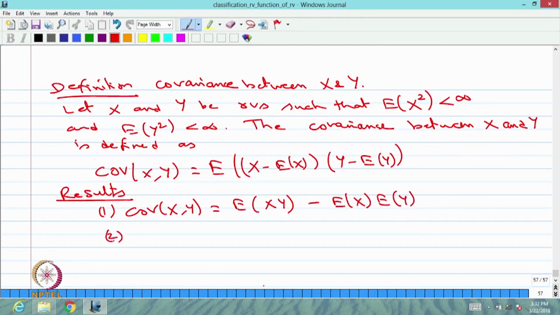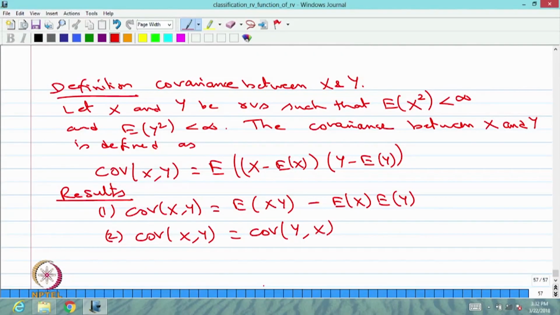The second result: covariance of x comma y is the same as covariance of y comma x, that means by interchanging the roles of x and y you get the same value, provided it exists.